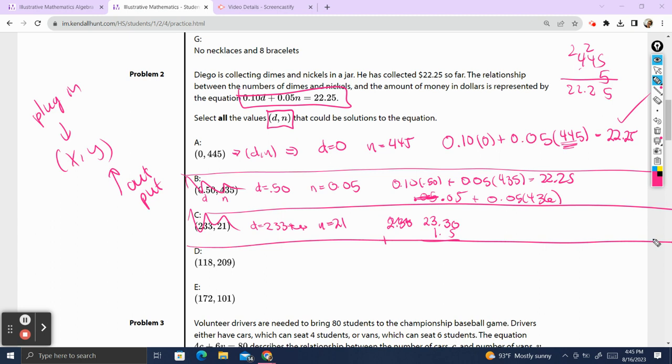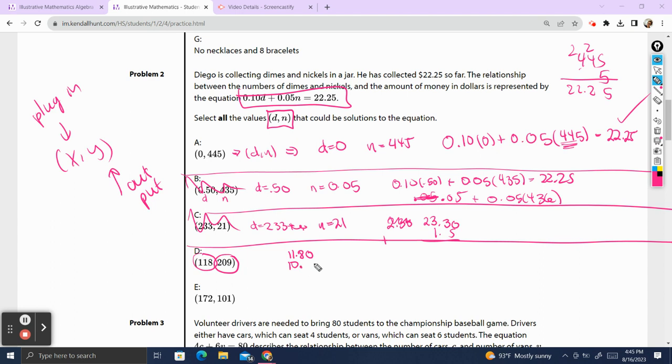Next question. 118. So this is our dimes. If we have 118 dimes, that's going to be $11.80. If we have 209 nickels, well, 200 nickels are going to be $10.